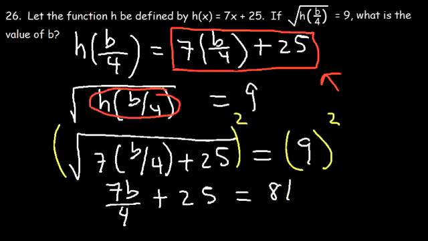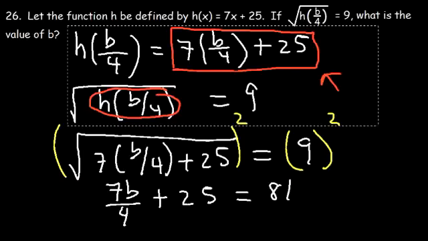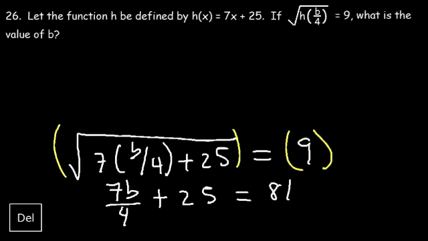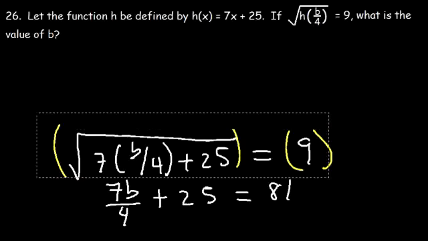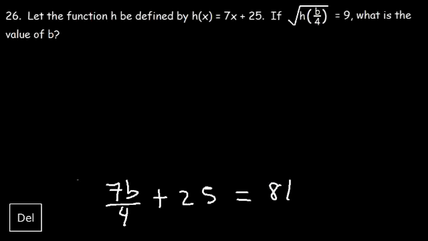So at this point, let's go ahead and subtract both sides by 25. So 81 minus 25 is equal to, that should be about 56, but let me make sure my math is correct.